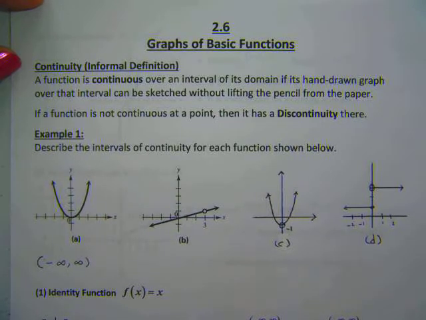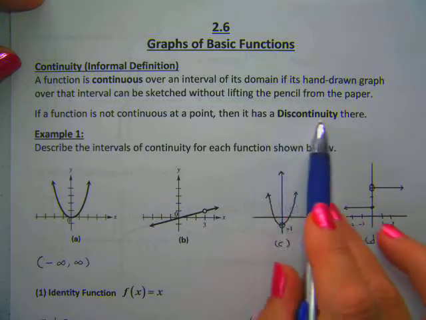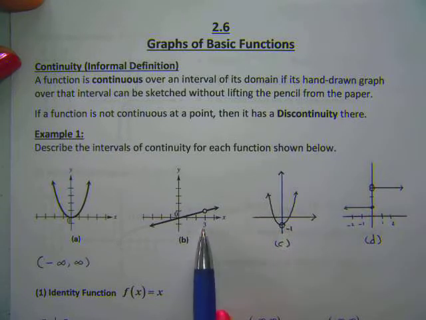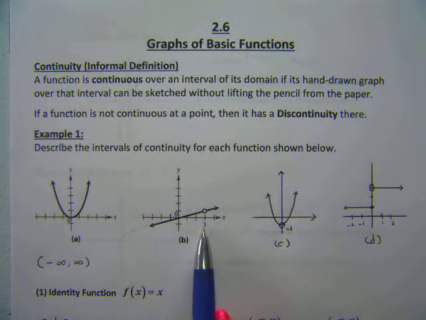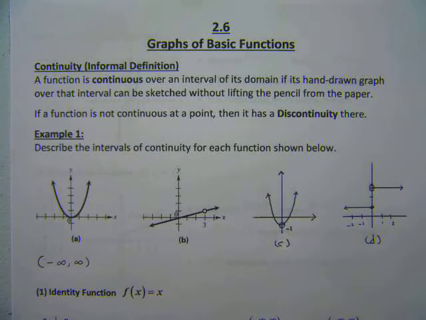Let's look at B. You'll notice in B that there's a hole. So if you're drawing here, you have to make a hole and continue. So there is a discontinuity at 3. But they did not ask us where it is discontinuous. The question asks us to find the intervals of continuity. So where is it continuous?